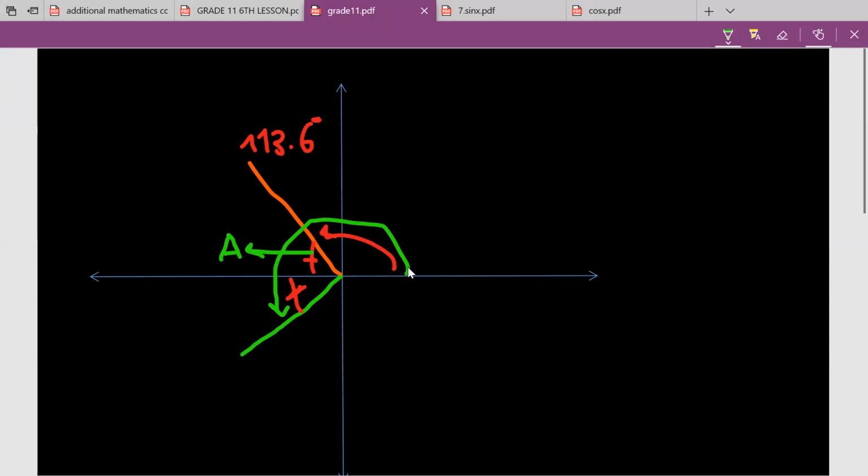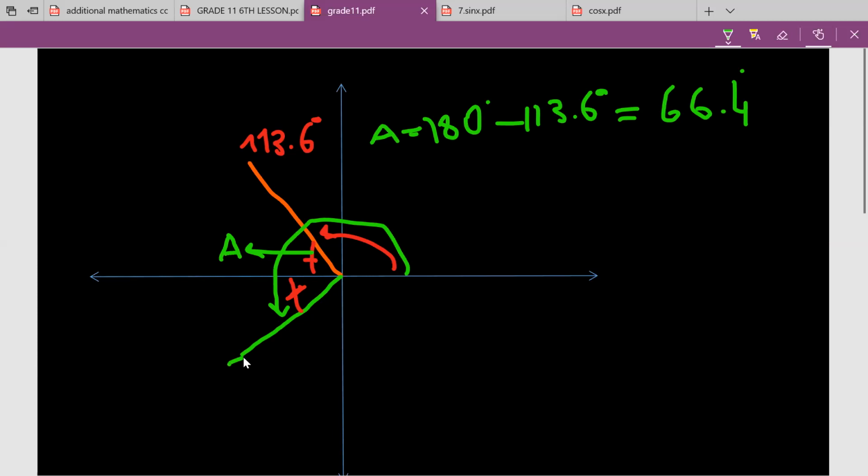So how do we find it? Subtract 180 minus 113.6 degrees. You don't have to follow the same way. You can use subtraction from 360 degrees, but I'm explaining there are many ways. So here the acute angle will be 66.4 degrees. This is A.